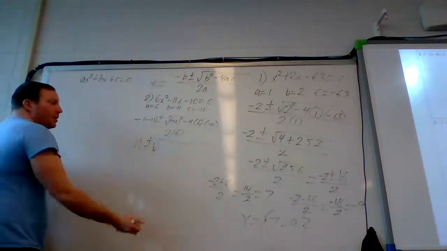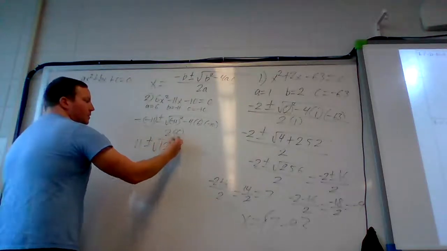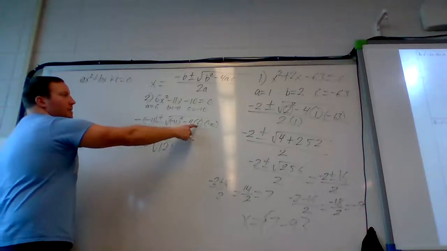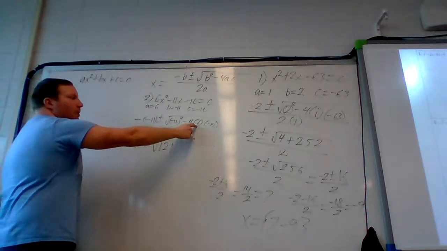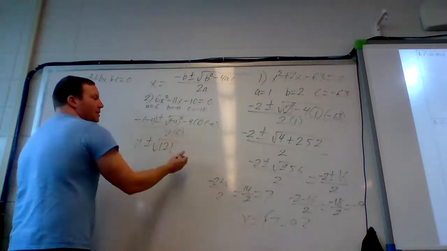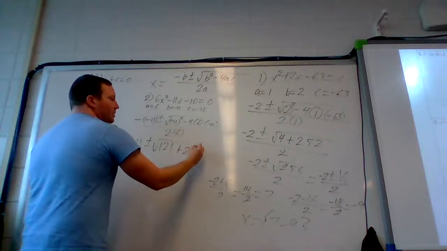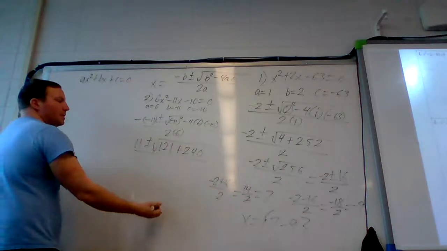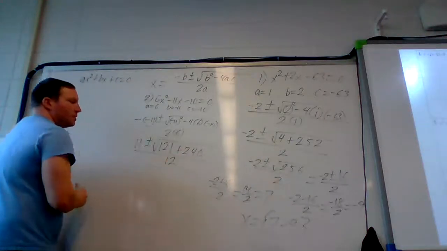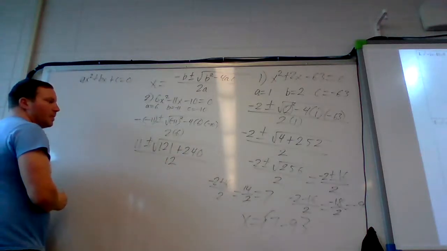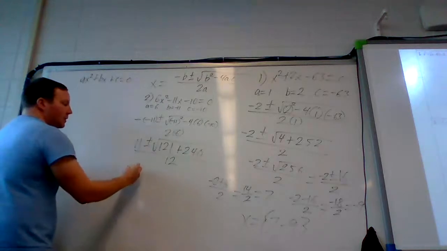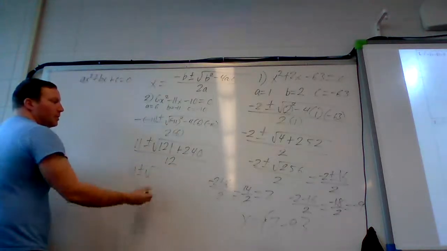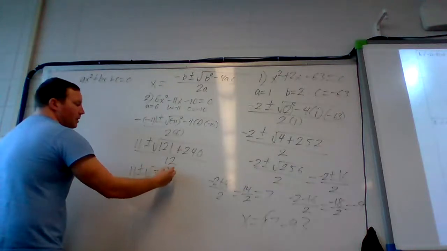Negative 11 squared is 121. Negative 4 times 6 gets you negative 24, times negative 10 gets you a positive 240. And then 2 times 6 gets us 12. Combine on the inside, so we have 11 plus or minus the square root of 361.